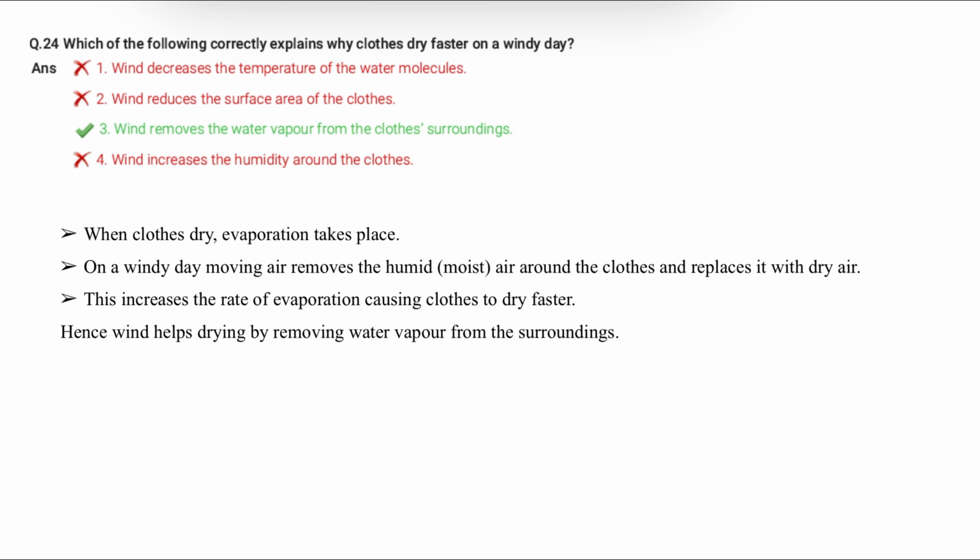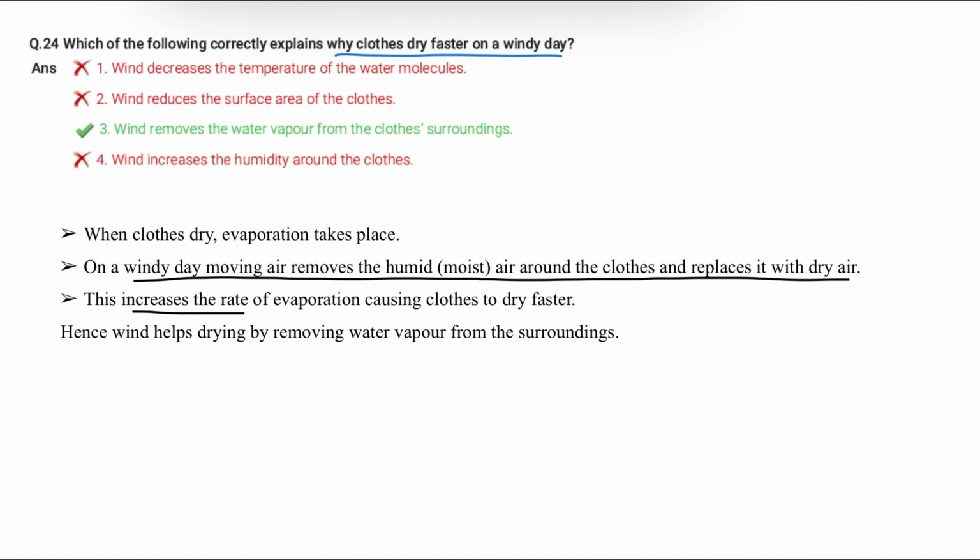Question number 24. Which of the following correctly explains why clothes dry faster on windy day? When clothes dry, evaporation takes place. On windy day, moving air removes the humid or moist air around the clothes and replaces it with the dry air.